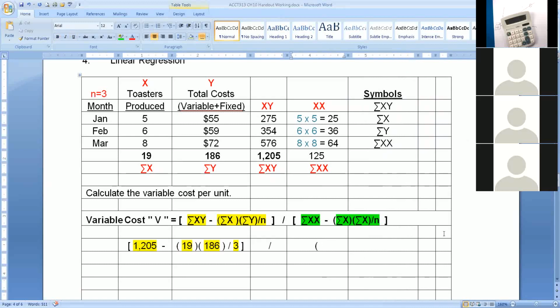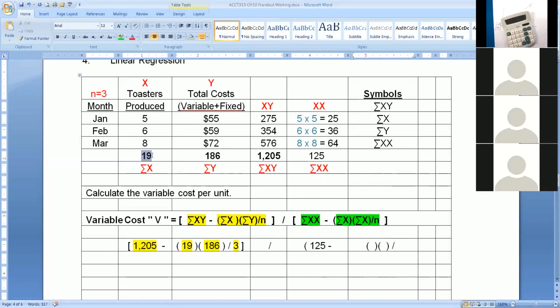So let's see, x times x is what, 125? Minus, okay, over here we have the summation of x divided by n. So summation of x we already did.